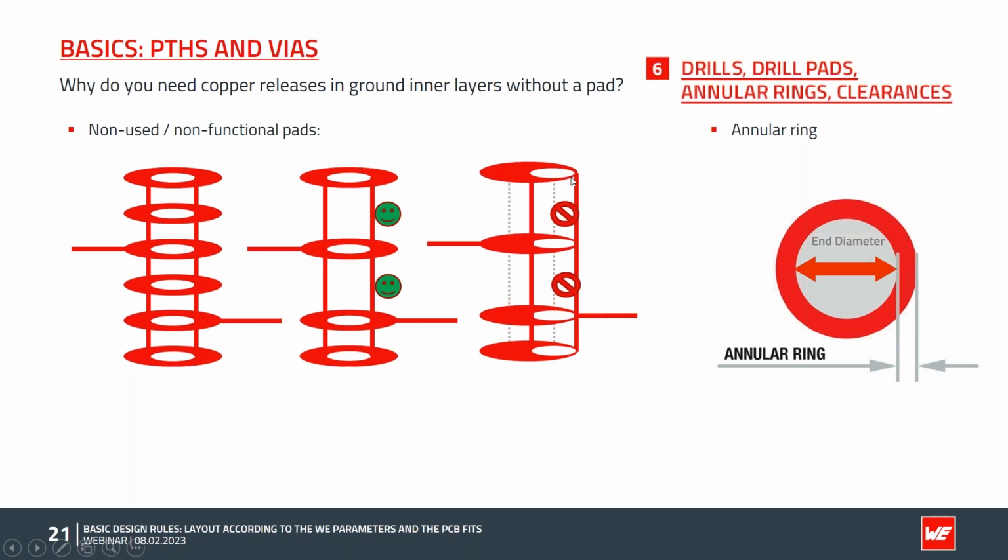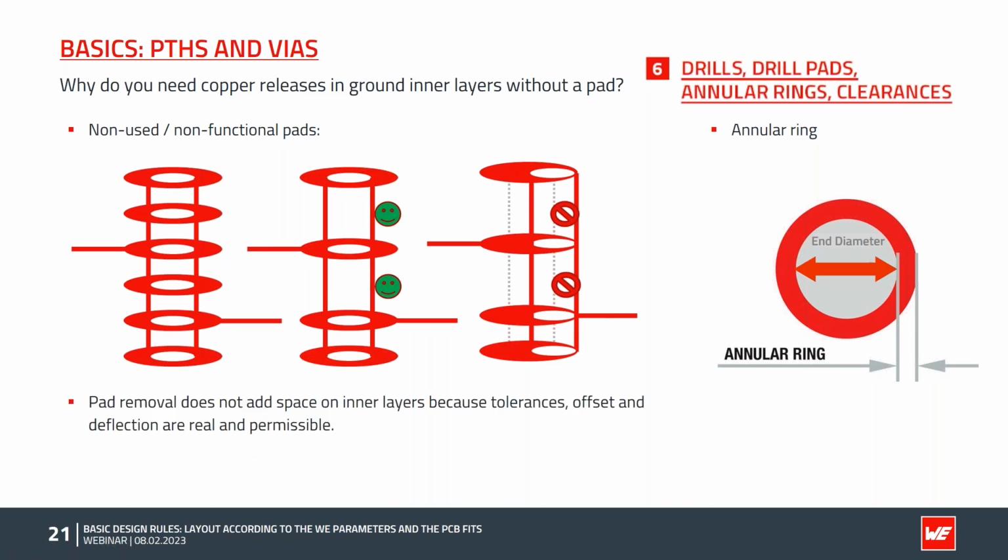If we get this situation, we actually see there is no additional room for design. We removed the non-used or non-functional pads, but there's no additional room. So it does not add space on inner layers if we remove these pads.